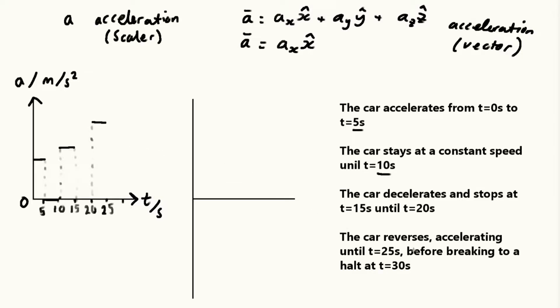Lastly, the car is going to immediately brake and come to a halt at 30 seconds, which means it's going to have to decelerate by the same amount it accelerated in order to come to a complete stop. Once again, no matter what the direction, the acceleration only has a positive value for the magnitude, meaning that our line actually continues.